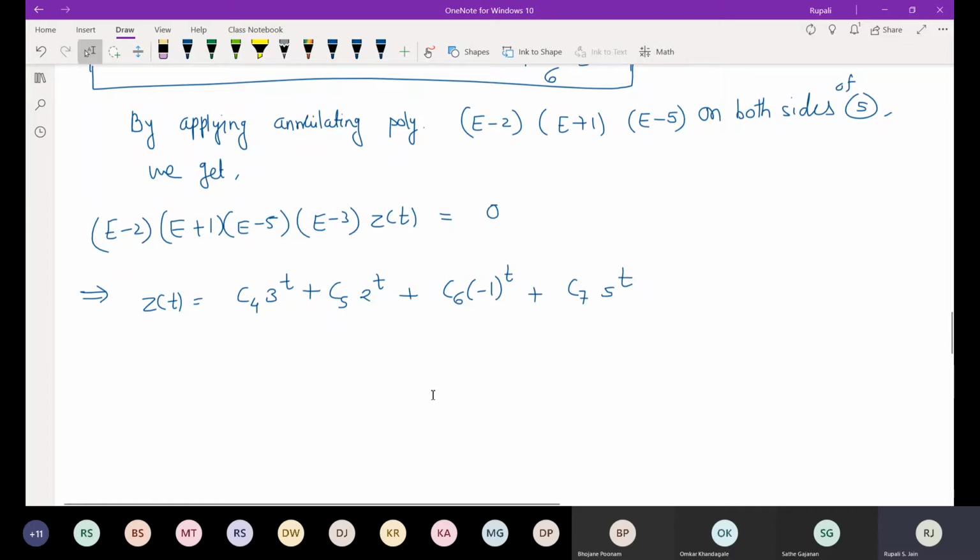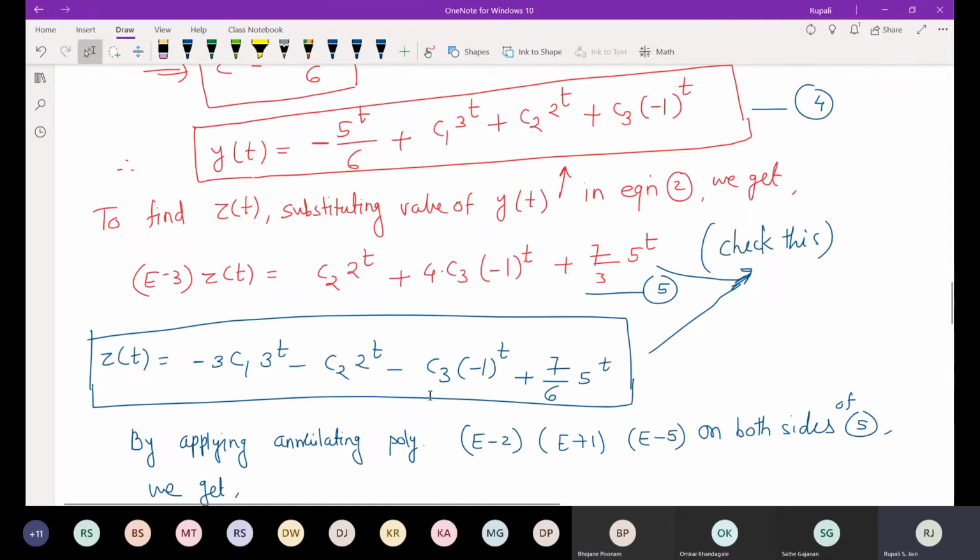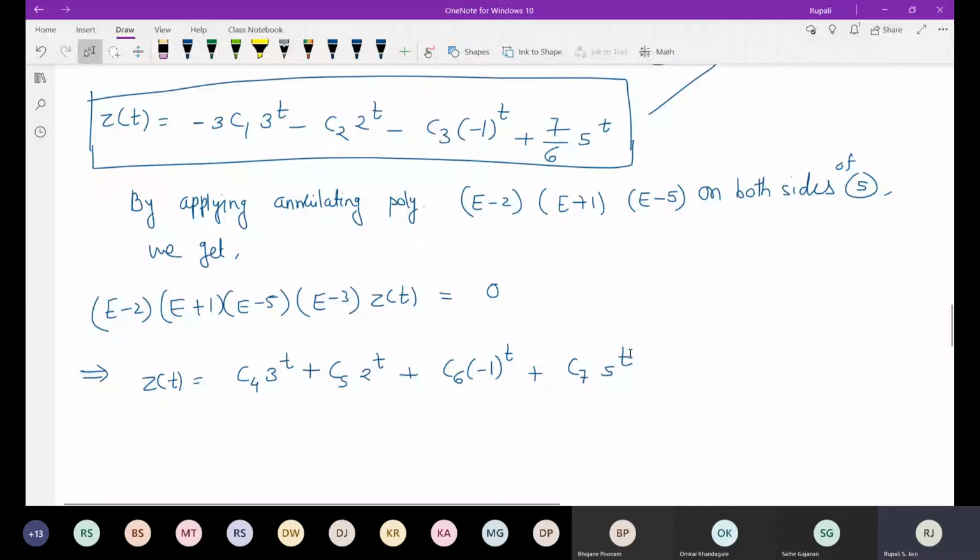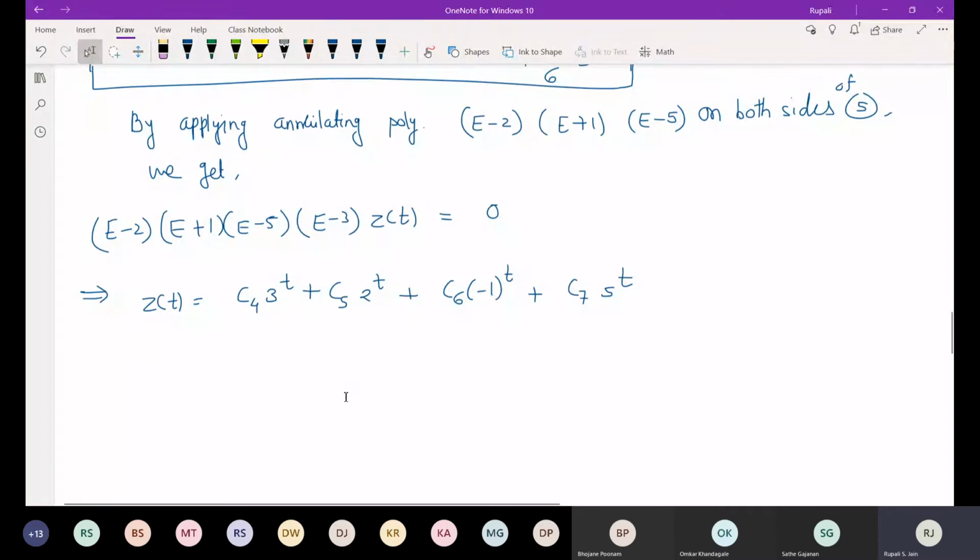By resubstituting in that equation, right? As you can see here, E-3 ZT: if E-3 operated on ZT is equal to 0, its solution is some C times 3^t. It already satisfies that equation, so I need not bother about C for 3^t. So I will substitute only the remaining part of ZT. Or you can substitute full also, still this will become 0. No problem.